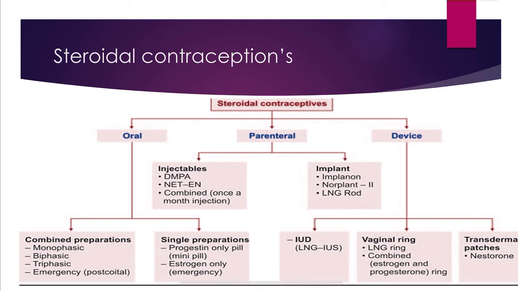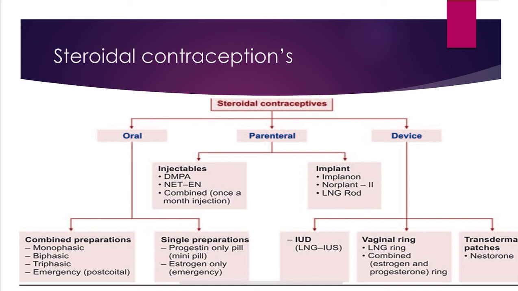Now we move to the devices. They are intrauterine devices, that is levonorgestrel intrauterine system, vaginal ring, that is levonorgestrel ring, combined estrogen and progesterone ring. The intrauterine device is LNG-IUS. The vaginal rings can be again LNG ring or a combined estrogen and progesterone ring.